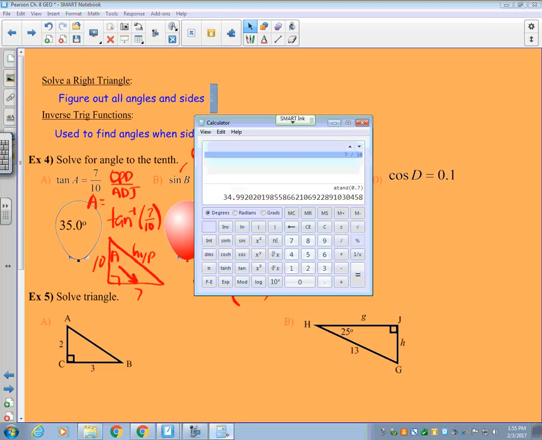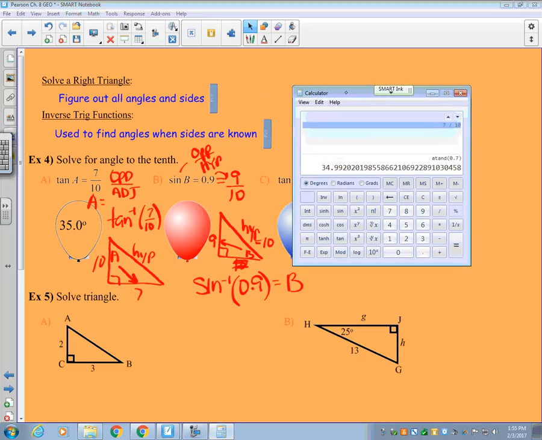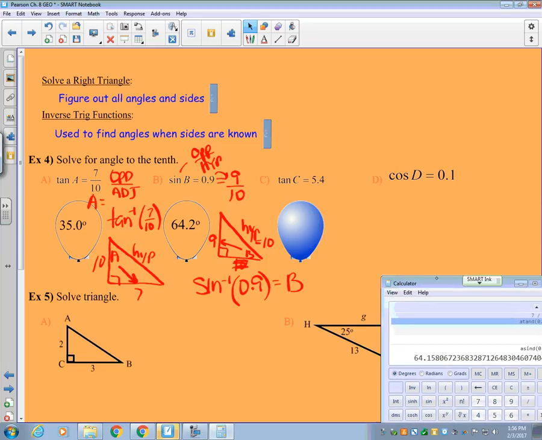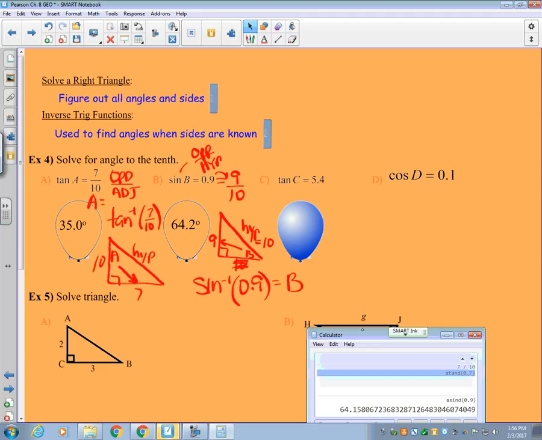And then I'm going to use my computer calculator. So I'm going to go 0.9 and then inverse sine, and I get 64.158. I'm going to round that to the nearest tenth, and that's 64.2. All right, I feel pretty comfortable being able to do this without drawing the picture. So if we have tan of angle C is 5.4, they've already combined the fraction for us, the top and the bottom, and now it's already in decimal form, so that saves us a step calculating.